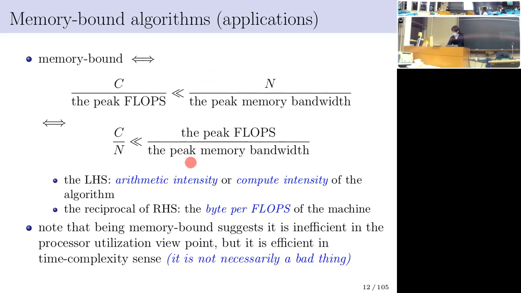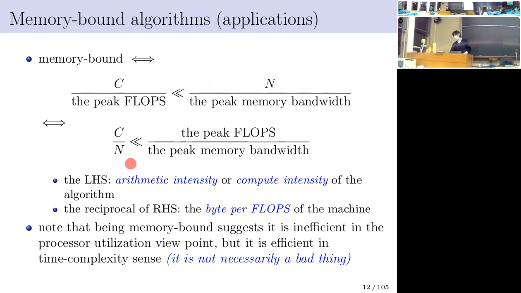Generally speaking, an algorithm is memory bound if arithmetic intensity is small, which means that it doesn't compute much given the same amount of data. In other words, it's in a way efficient, right? So it's order n or order n log n, and this term becomes small.